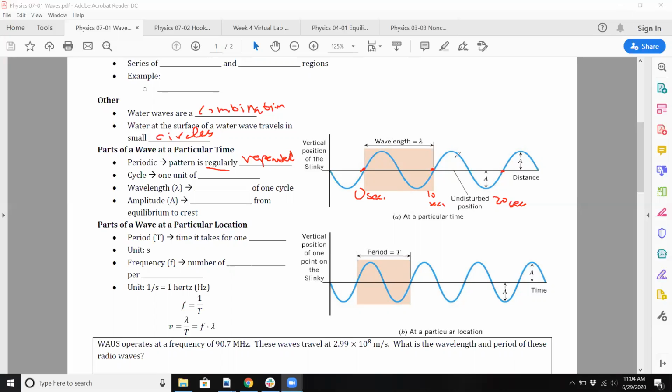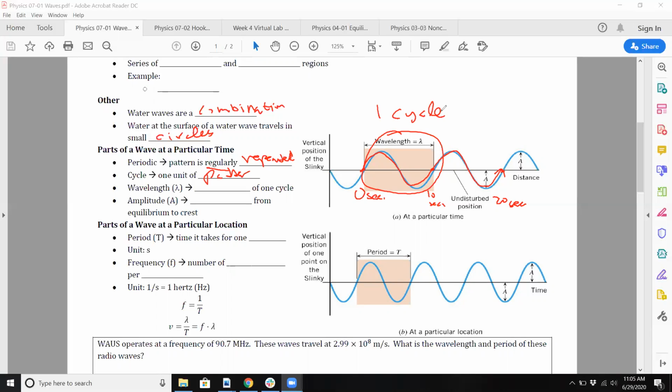I'm always kind of getting back to that same place and heading in the upward direction if the wave does this. So it's kind of a consistency. The cycle is basically 1 unit of a pattern. So this right here is considered 1 cycle because then it repeats itself.